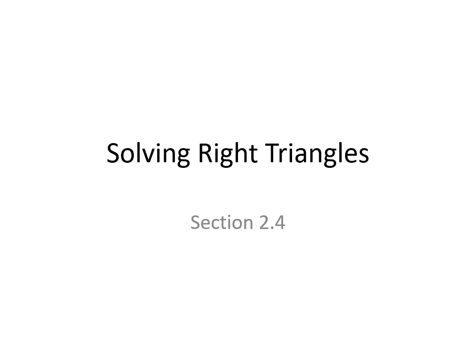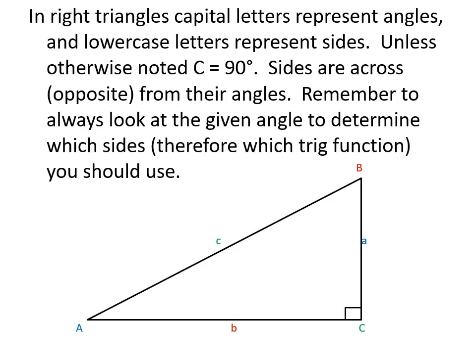Okay, so now we'll go on to 2.4, which is solving right triangles, and this has a few application word problems in it. So in these right triangles, this is the same triangle that we talked about in the last section where the angle matches the side across from it. The capital letters are your angles.